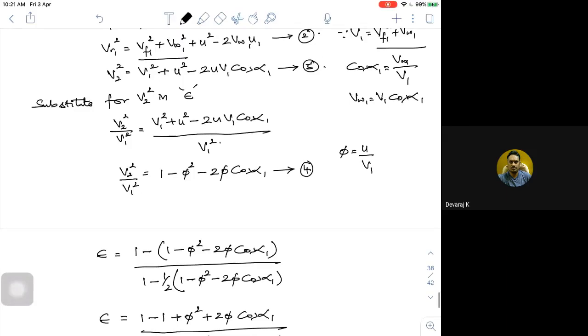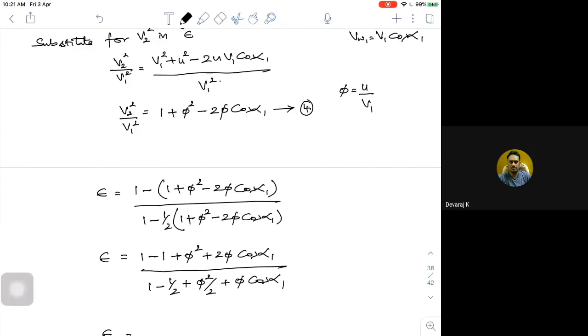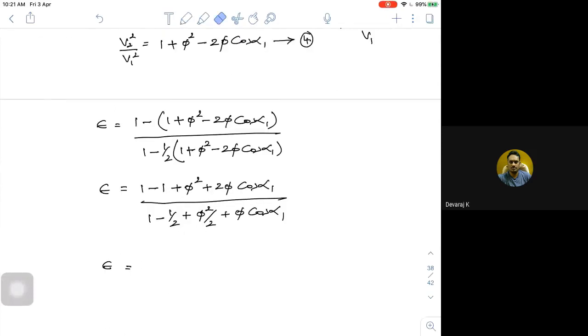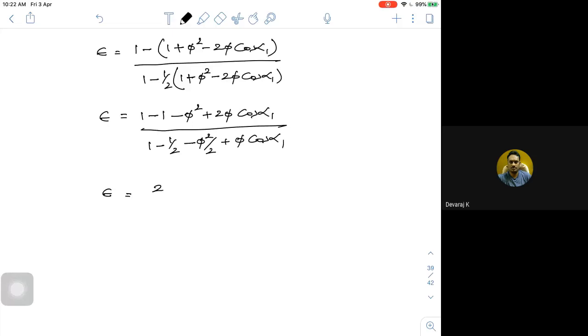This is plus phi, this is plus phi, so this will be minus. Plus into minus, so this will be 2 phi cos alpha 1 minus phi square.